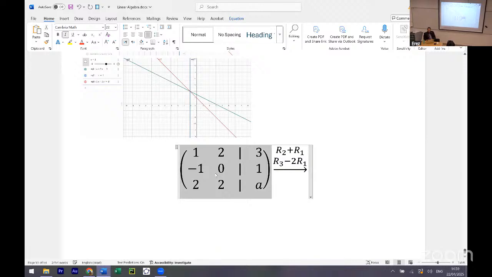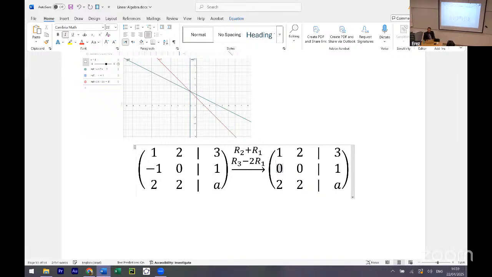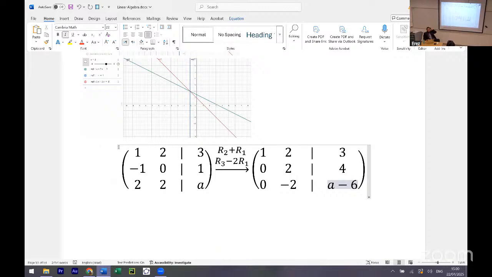And then we find it. And that's 0, 2, 4. This 2 minus 2 is 0, 2 minus 4 is minus 2, A minus 6. Agreed so far?